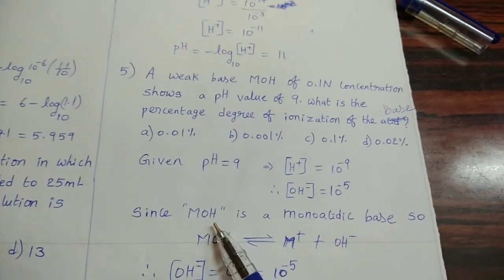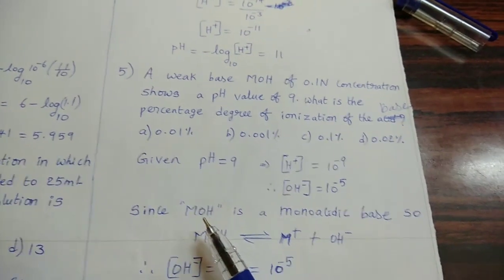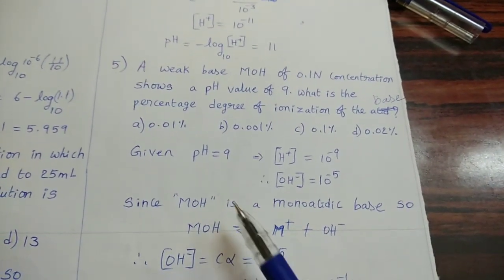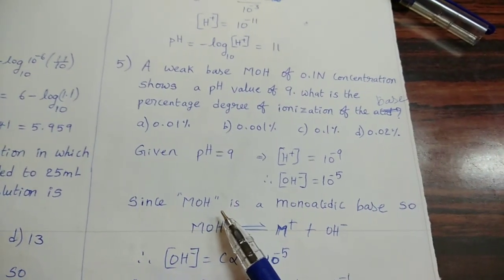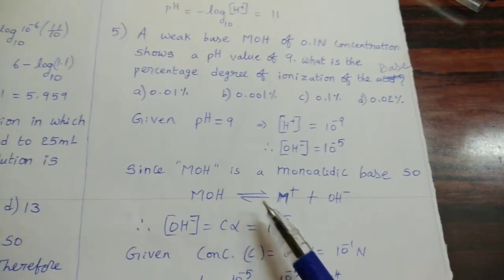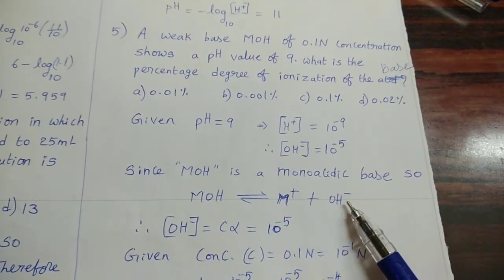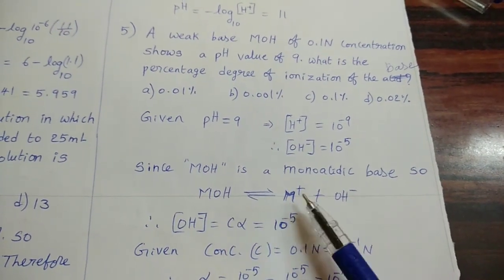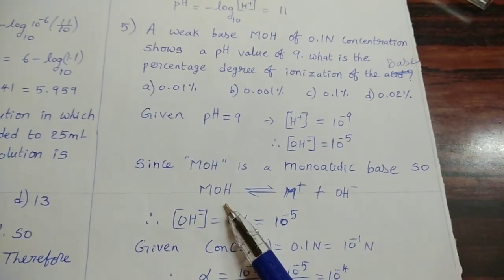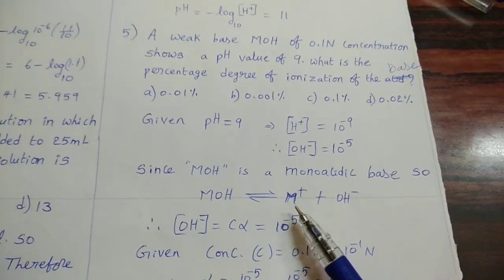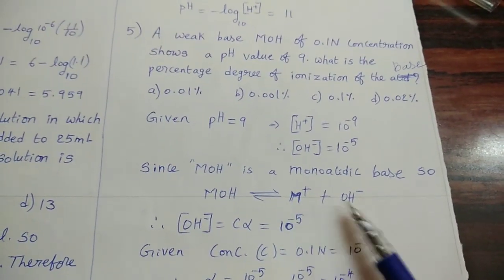Next, since MOH is the general formula of the given base, it is a weak monoacidic base. Only one OH minus ion it can produce. So the ionization equation, if we write, MOH gives rise to M plus and OH minus. Initial concentration C, and 0, 0. From this C alpha is decreased. The same concentration is formed on the product side, C alpha, C alpha.